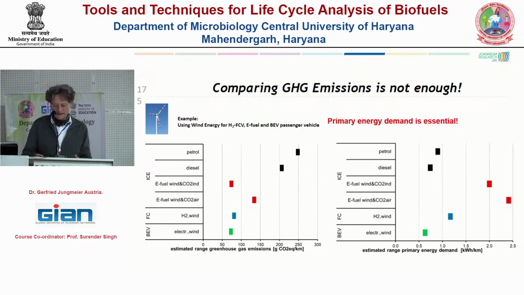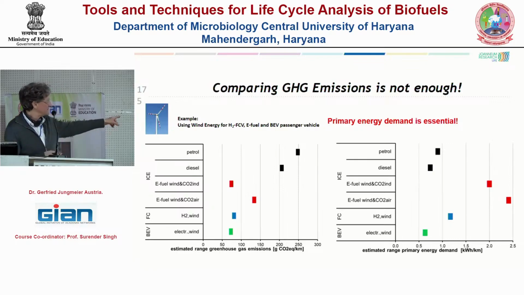My recommendation is that you need at least these two categories to get information. And the tricky thing is to judge overall, whether you see it with your left eye or with your right eye, what is really the most relevant one. In this case, there's still a winner because the green one is best in two cases.